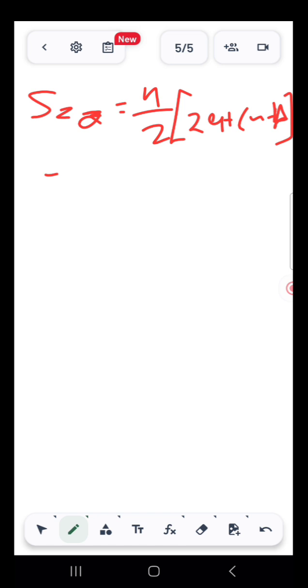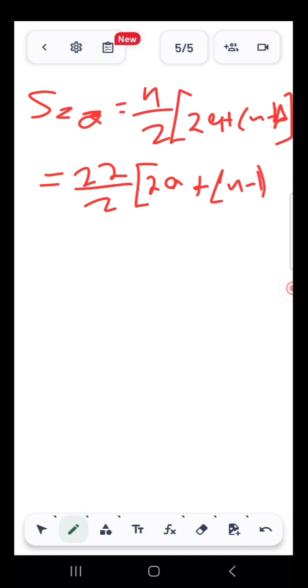So we substitute: 22 over 2 open bracket 2 times a, because we don't know a, but it is the same as the geometric sequence's a, they share the same a, plus n minus 1 close bracket times the common difference 3.